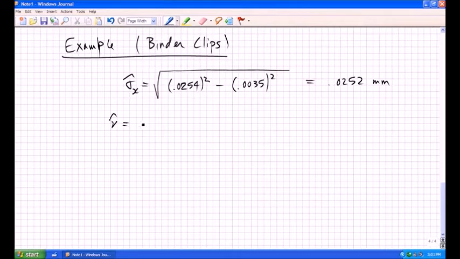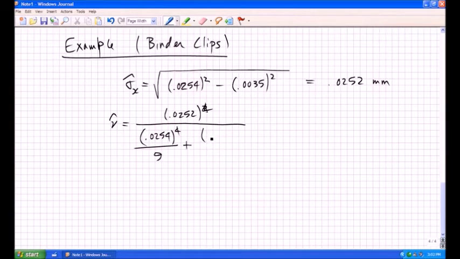The Satterthwaite approximate degrees of freedom are then 0.0252 to the fourth over, well, I measured 10 different binder clips once each, so 10 minus 1 is 9. 0.0254 to the fourth over 9, plus, I measured one binder clip 7 times, and I got a standard deviation of 0.0035, which I'm going to take to the fourth power, over 7 minus 1, which is 6, and if I do the arithmetic, that turns out to be 8.7.